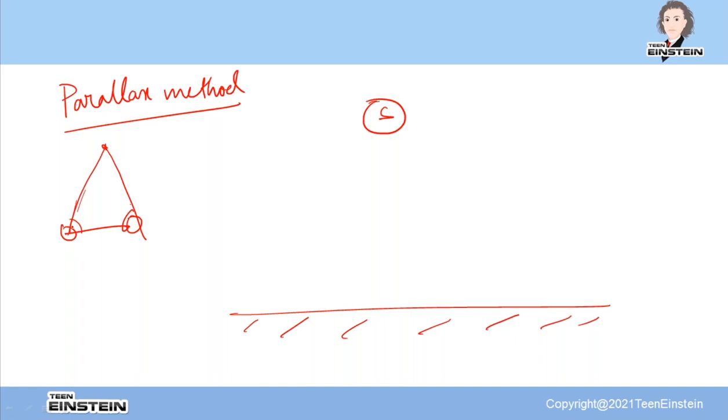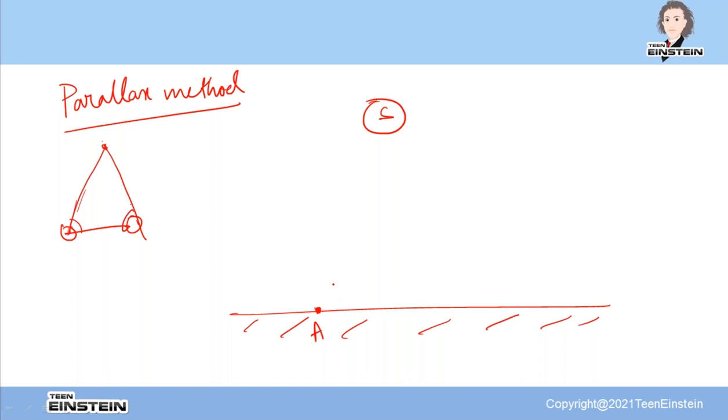Similarly, when I want to see an object using a telescope from the earth surface, you choose two positions on the earth surface. Suppose this is A. From here you see like that.